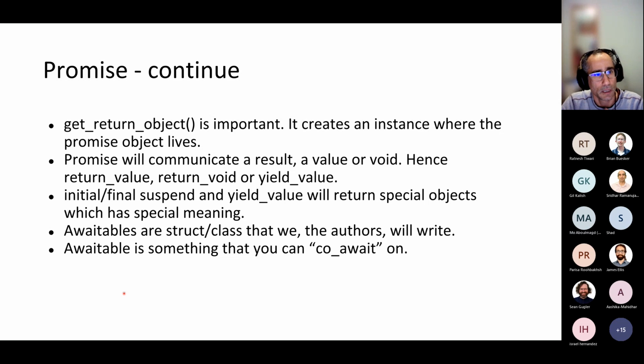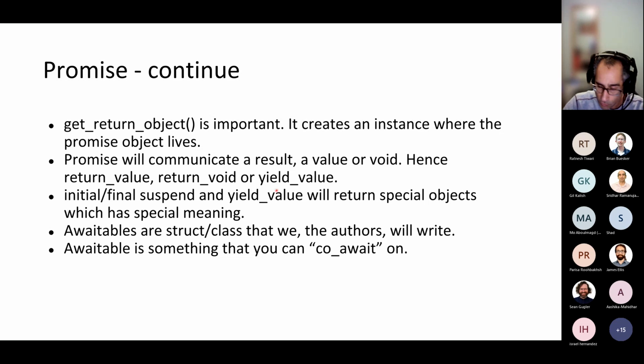Okay, a recap. So get return object is important. I'll show why. It actually creates the instance where the promise lives. It has a handle. I have pseudocode in a moment. It communicates back the results, whether we're talking about a generator or a regular non-generator. And there are 3 APIs, and you need to implement one of them.